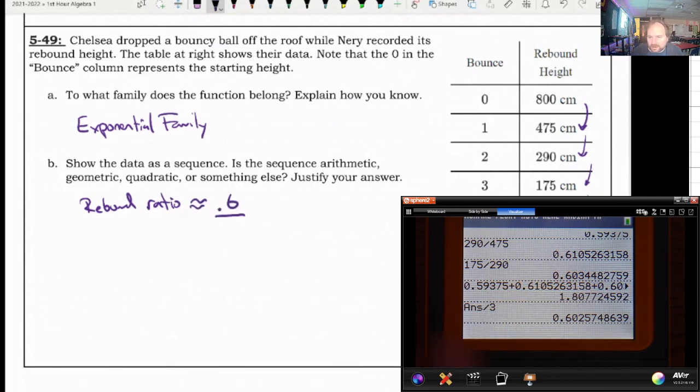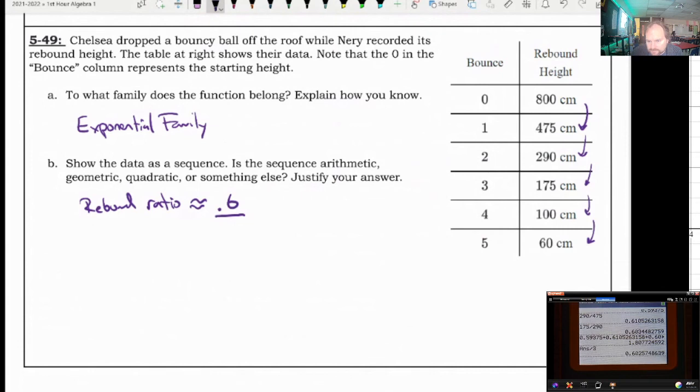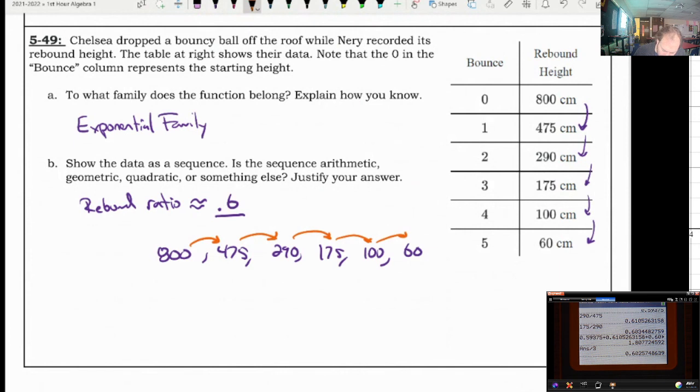So what's happening here, if I write it out as a sequence, where we have 800, 475, 290, 175, 100, and then 60. What appears to be happening is that what I'm doing to get the next number is multiplying by 0.6, times 0.6, times 0.6, times 0.6, and times 0.6.